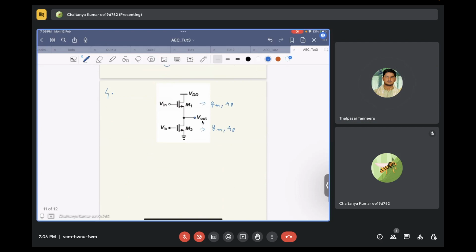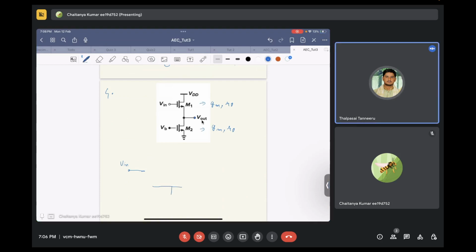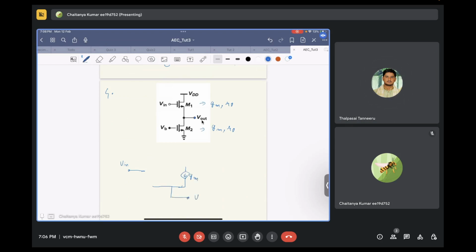Now we'll try to write the small signal equivalent. First of all, we'll write the small signal equivalent for M1. We have Vin at the gate of the transistor, and then there is gm times (Vin minus Vout), where Vout is the output voltage.